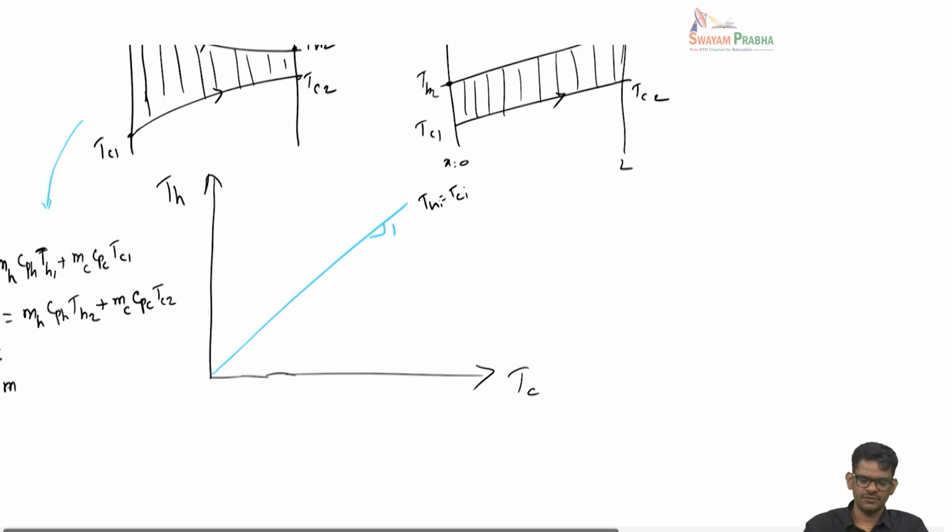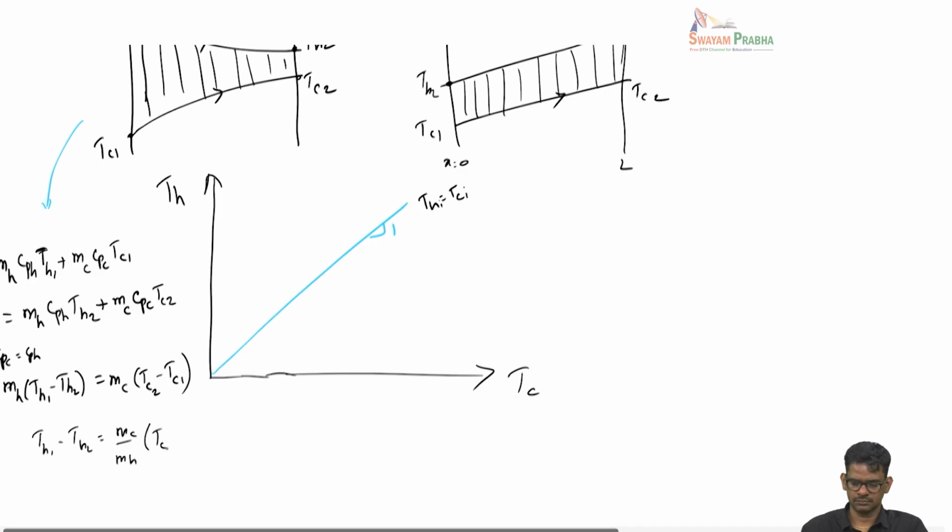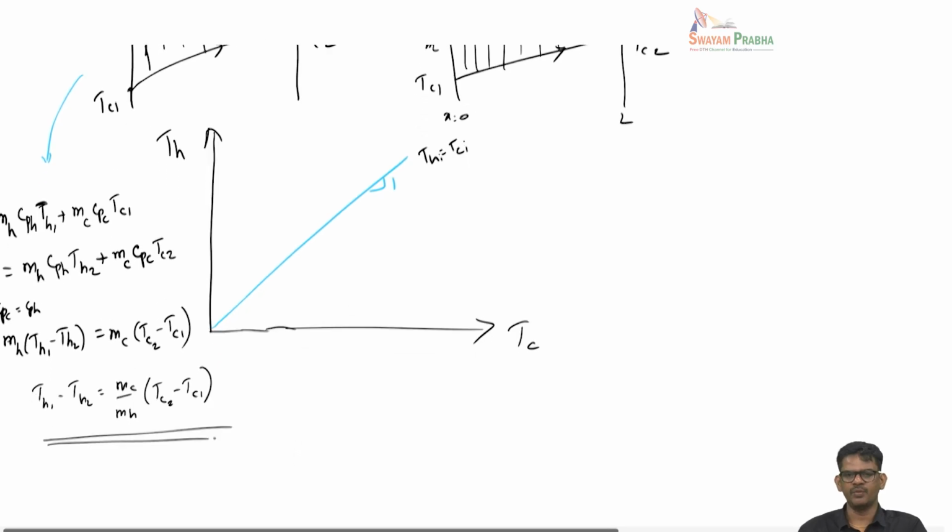Suppose you say Cpc equal to Cph, it becomes much easier to see the connection here. So you can see this is also an equation of a line between 2 points.